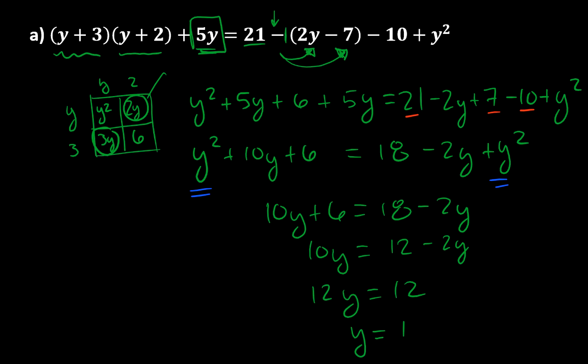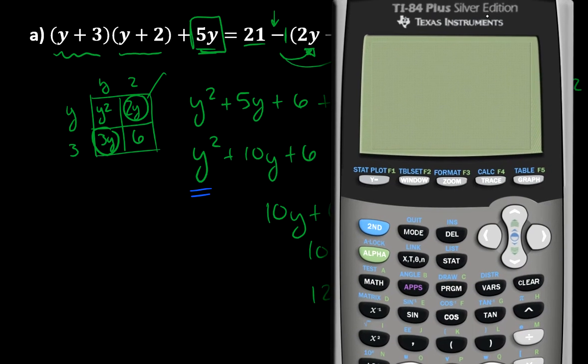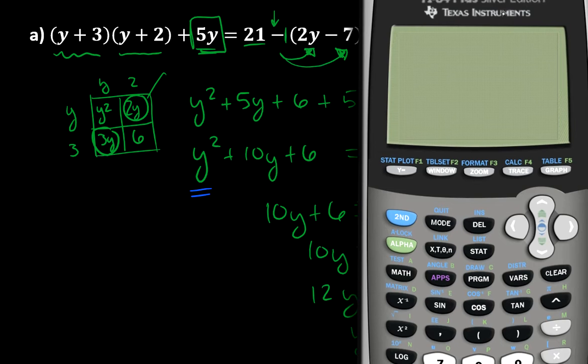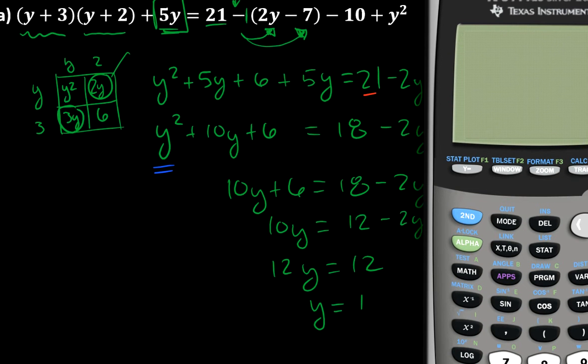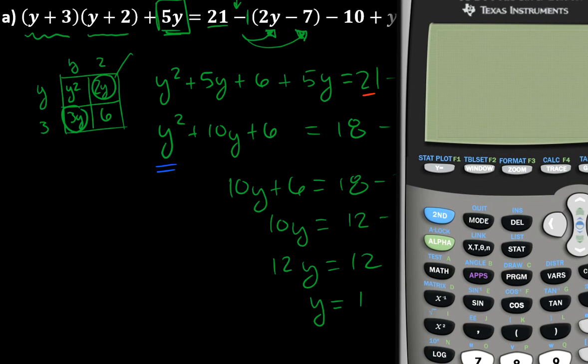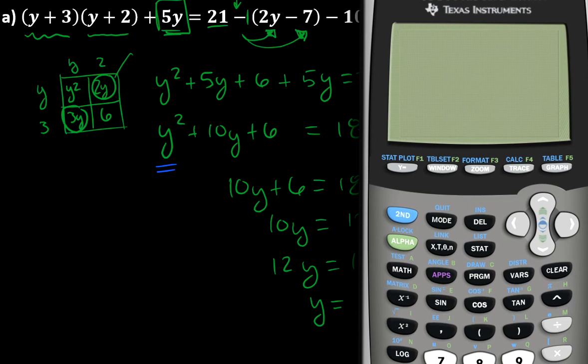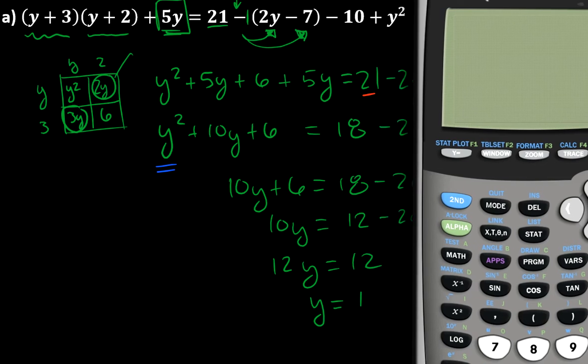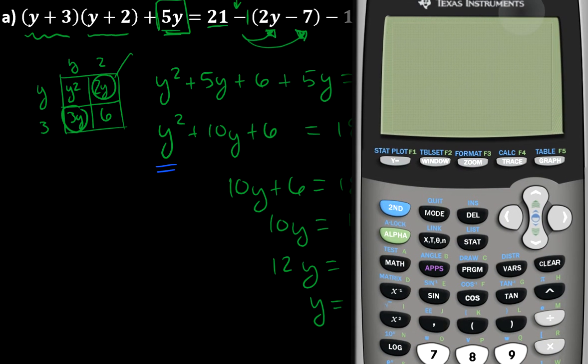I'm not in a hurry doing these videos today, so you can skip past this if you're not interested, but my claim is that y is 1, and I want to verify that claim by plugging the number 1 into both the left and the right-hand side. So let's look at the left-hand side first.